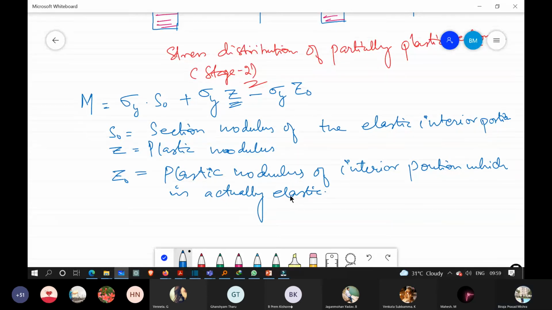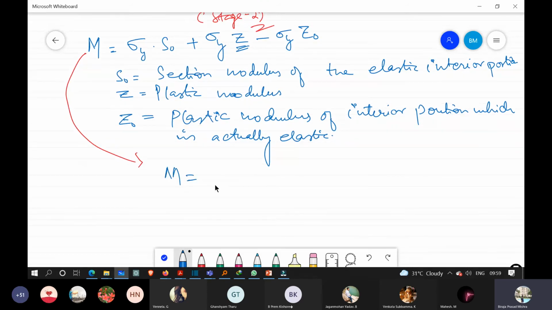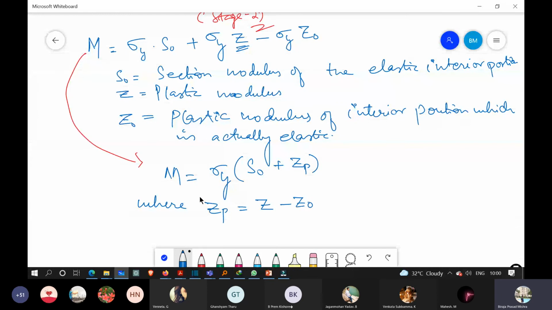So for this equation I may write it like this: M equals sigma y, taking sigma y common, S0 plus Zp, where Zp equals Z minus Z0.